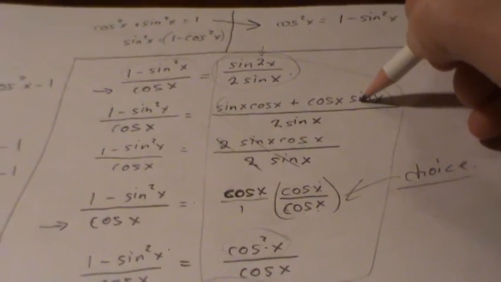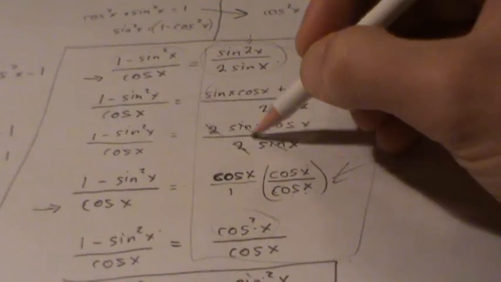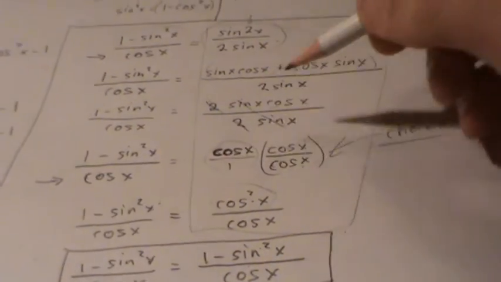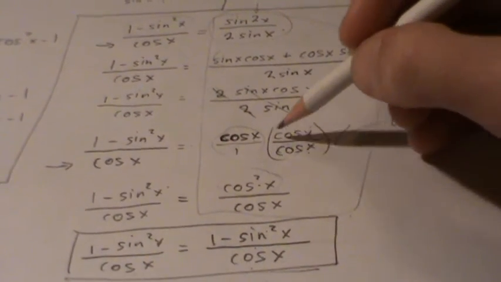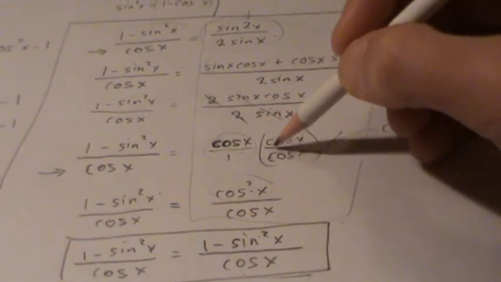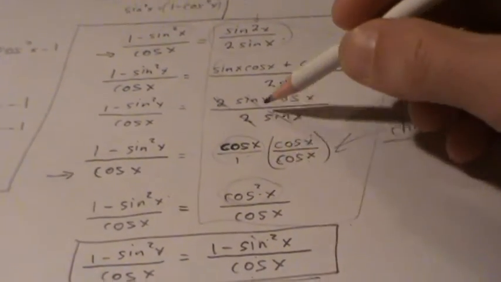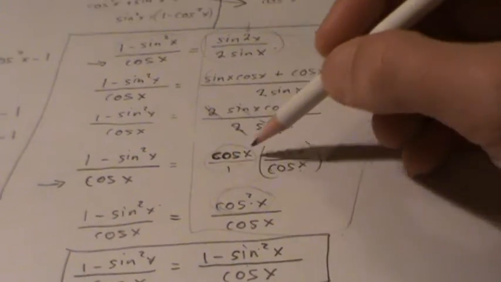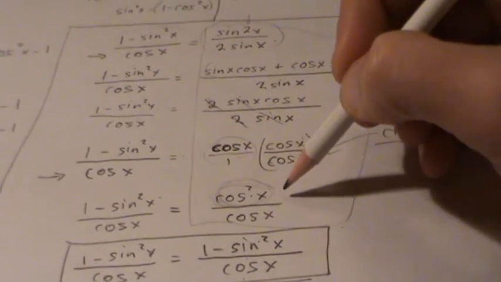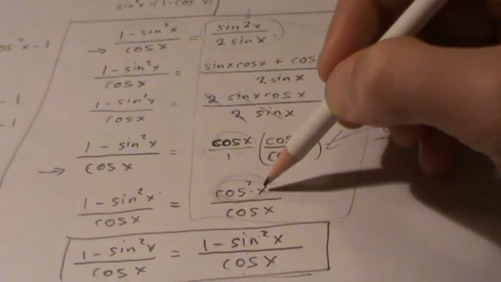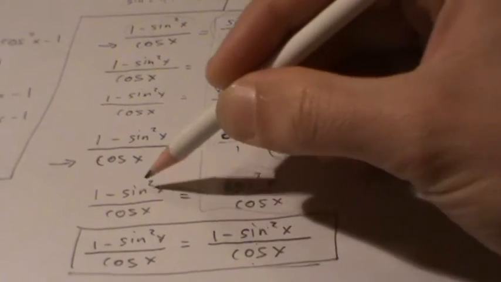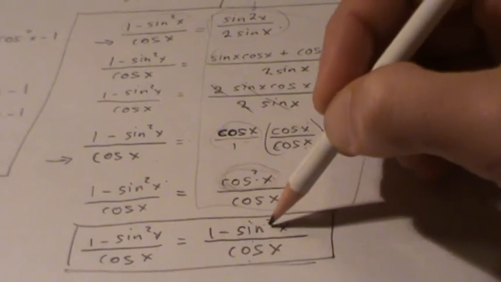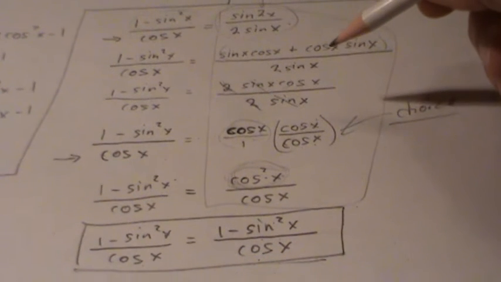Then these are like terms, so they can be rewritten, which allowed us to cancel a bunch of stuff, leaving us with a single cosine. But I noticed that we needed double cosines, so I had to have some foresight here. I had to know that this cosine squared x was going to soon turn into the 1 minus sine squared x that I needed.